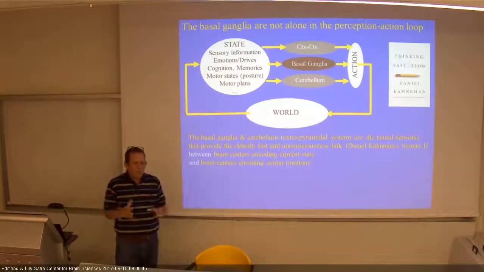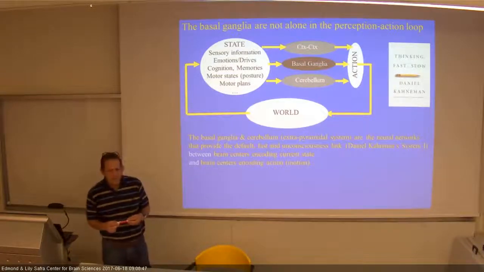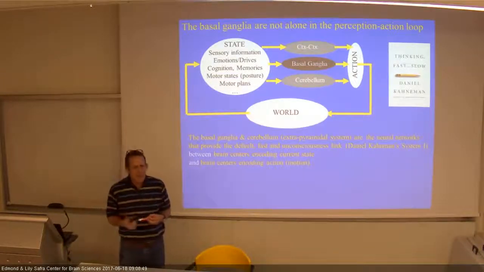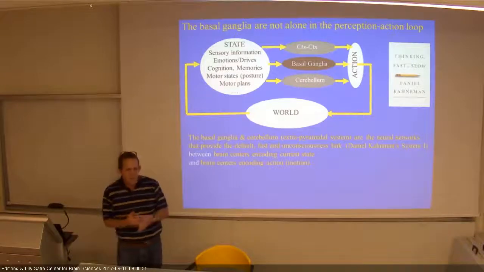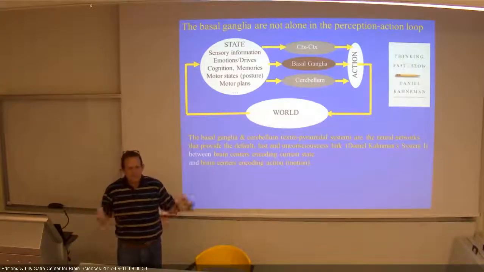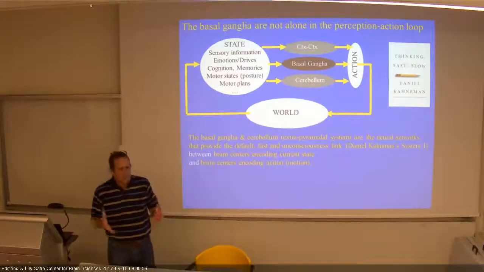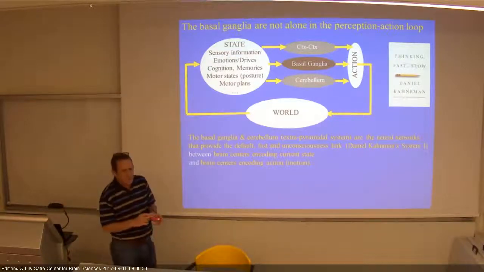Okay, so we are done with the basal ganglia, but as much as I like the basal ganglia, and I would like the basal ganglia to be the only structure in the brain, I should admit that they are not the only structure in the brain, okay?